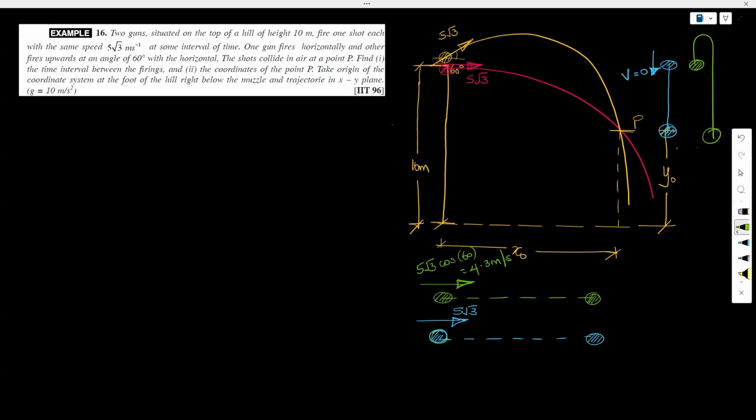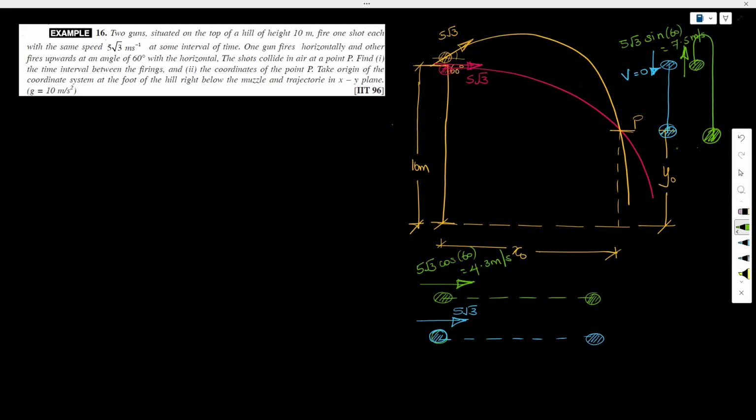And the vertical velocity is going to be 5 root 3 sine 60. So sine 60 is root 3 by 2, so it is 15 by 2, so 5 meters per second, right?